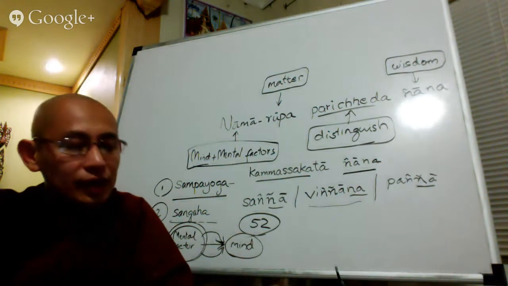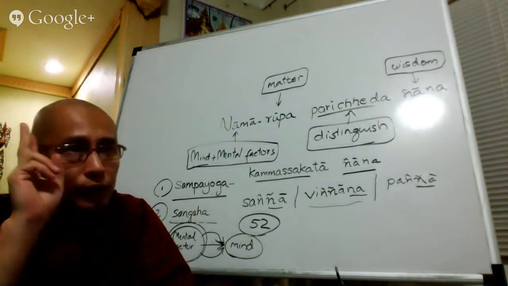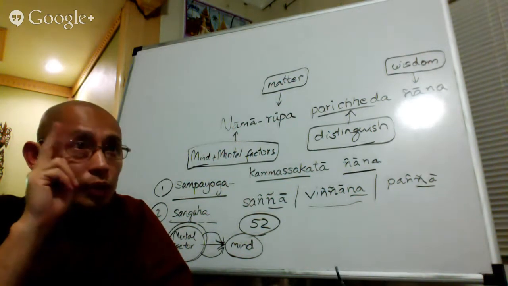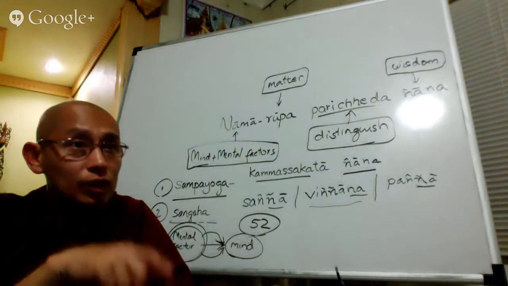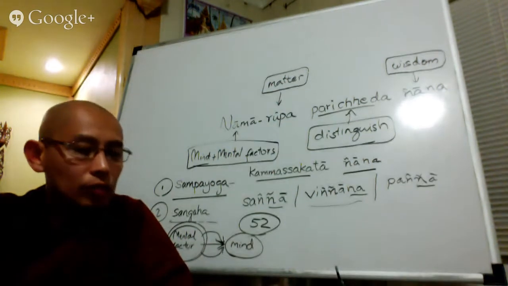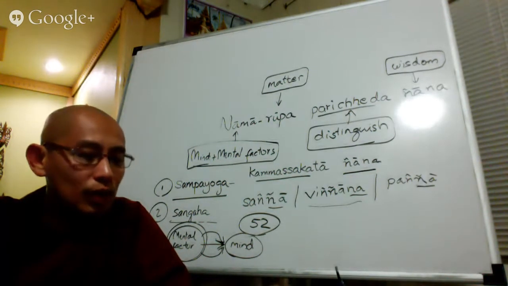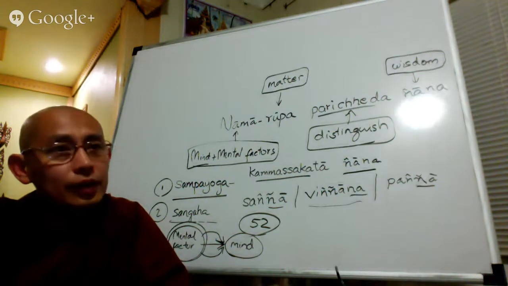In kusala vipaka cheta there are 2 investigating consciousness, one with neutral feeling and one with pleasant feeling. So only this one, with pleasant feeling, is associated with piti.